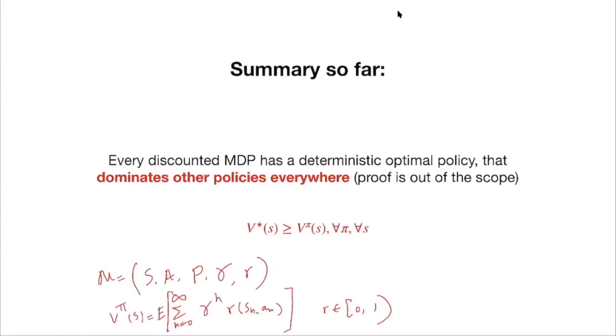But you can imagine a much more complicated policy that looks at the history of the entire interaction, not just the state where you are, but also the previous state, and the state 2 time steps ago and 3 time steps ago. So you can consider a policy that maps from the entire history of the interaction to an action.